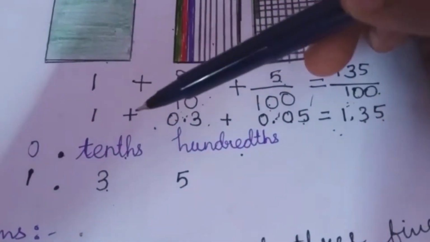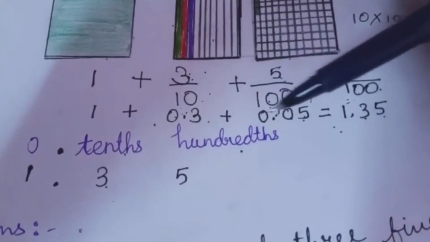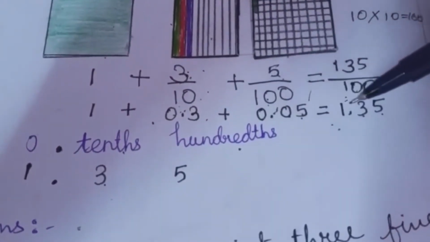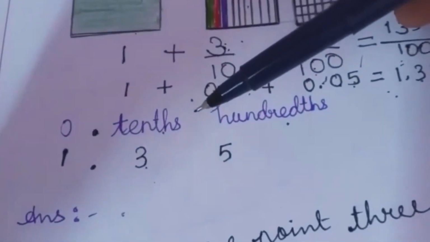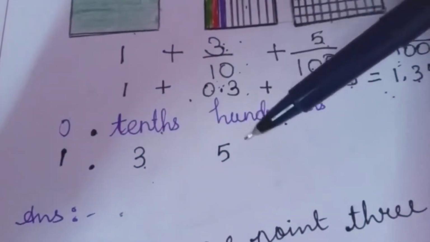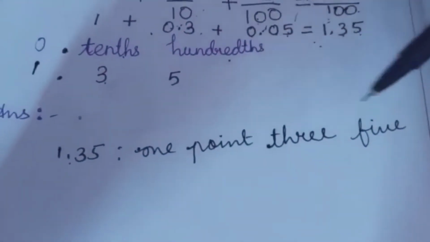When we add it in points, 1 plus 0.3 plus 0.05 equals 1.35. This is in place value system we have placed, and this is the answer we have written in words.